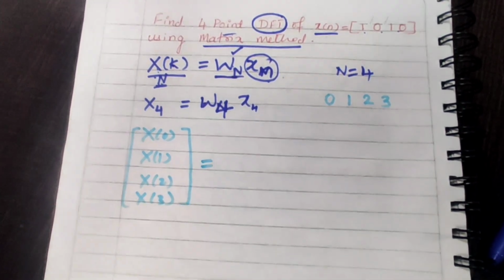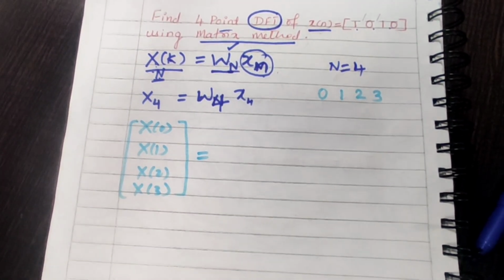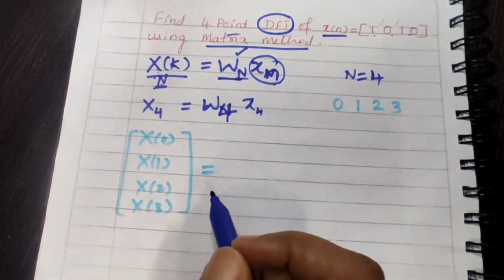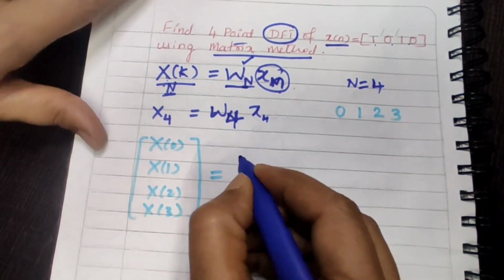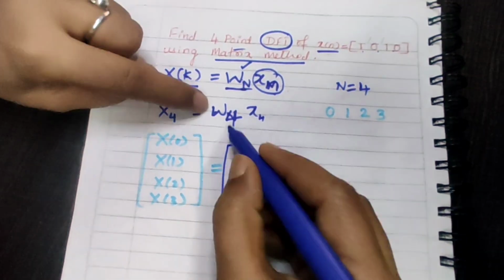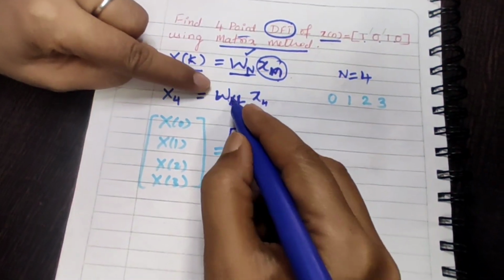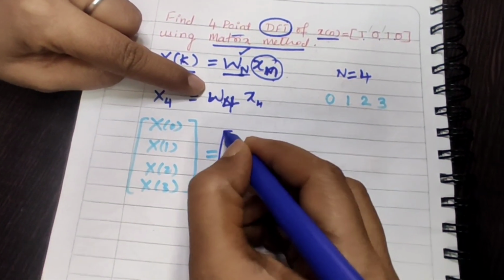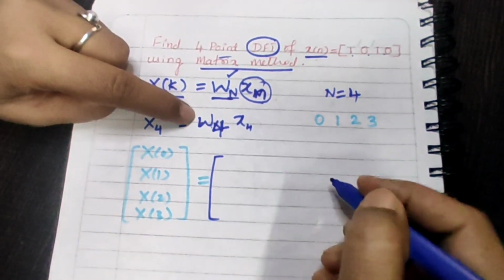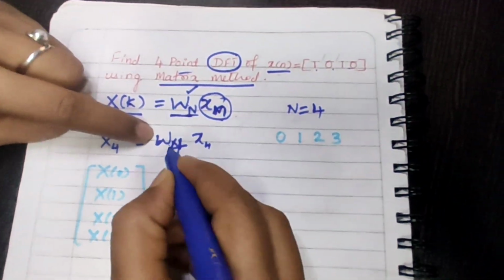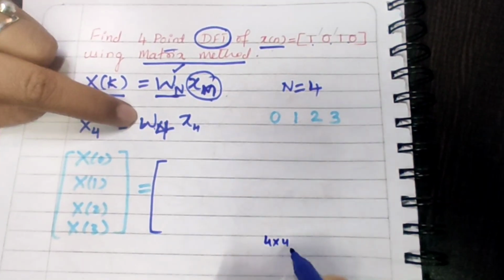This is equal to W4, which is our twiddle factor matrix. This is actually a 4 by 4 matrix.